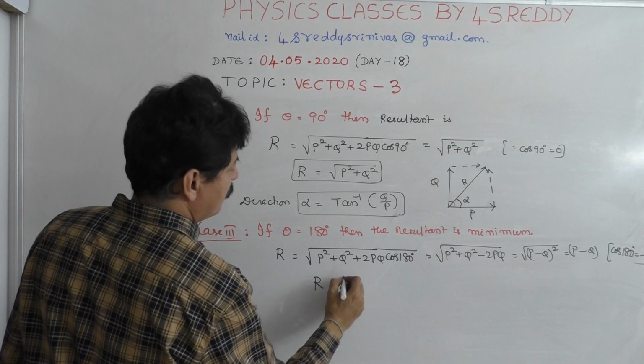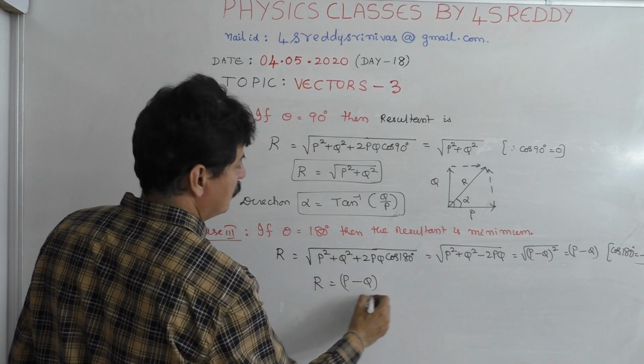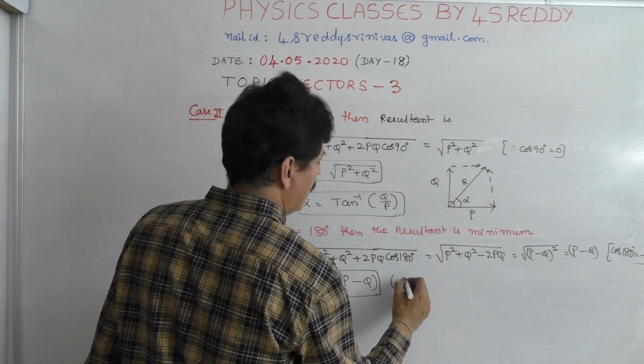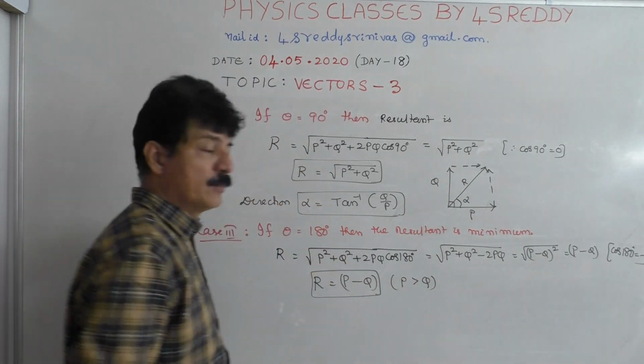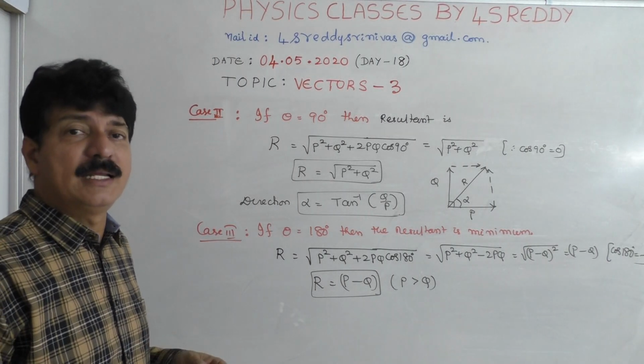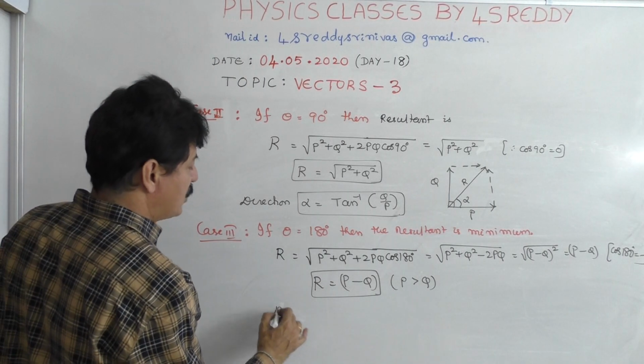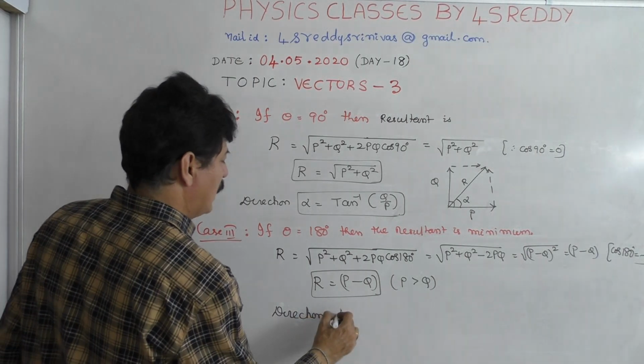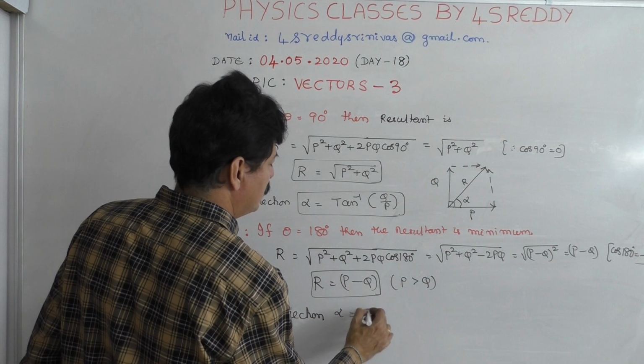Since cos 180 is equal to minus 1. Therefore, R is equal to P minus Q when P is greater than Q. Suppose if Q is greater than P, we have to write Q minus P. And direction alpha is equal to 0.